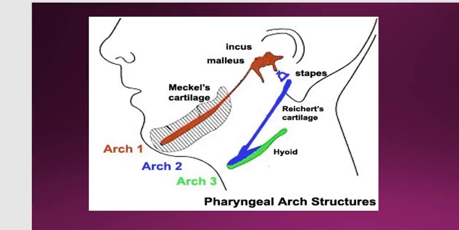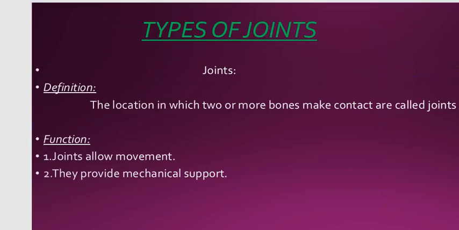Now we will move on to the joints, my dear fellows. Well, what are joints, my boys and girls? The joints, as their name shows, are the parts that are connected with joining something.